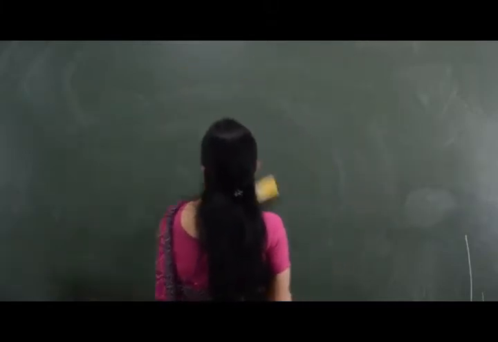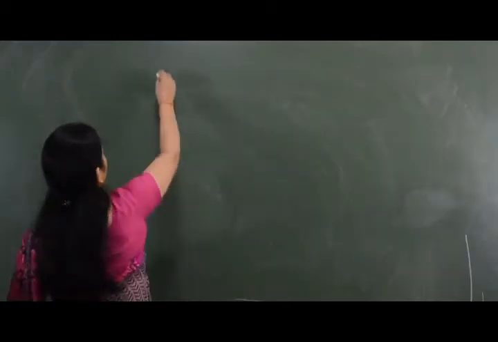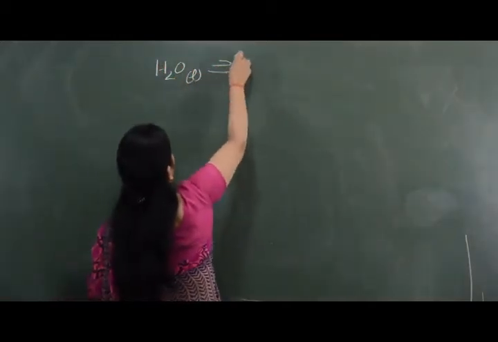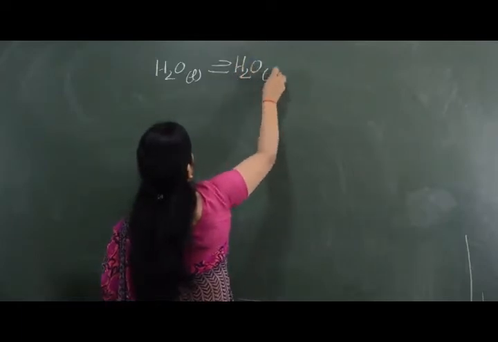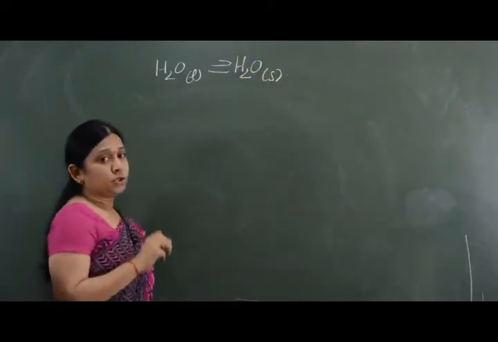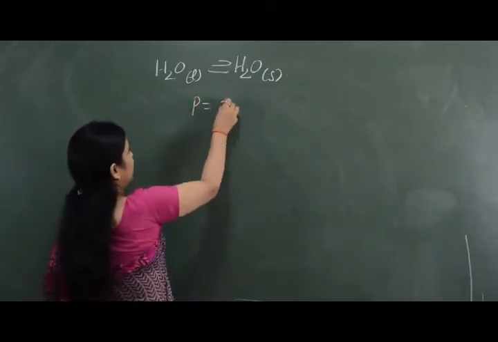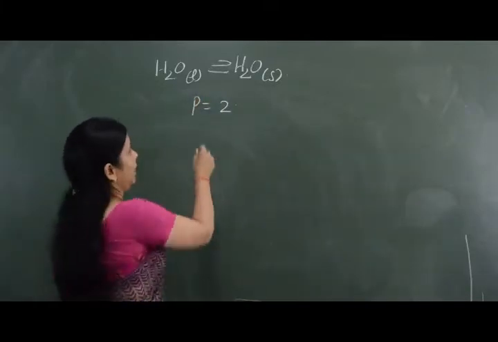Suppose we take up another system, which is H2O in liquid state in equilibrium with H2O in solid state. If we see the phases, we have 2 phases, one is solid, the other is liquid.